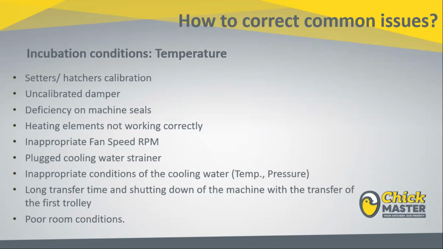We should have well-sealed machines. The heating elements should be working correctly. The fan speed should also be appropriate. We should be sure that we have no plugged cooling water strainer. The conditions of the cooling water should be correct.